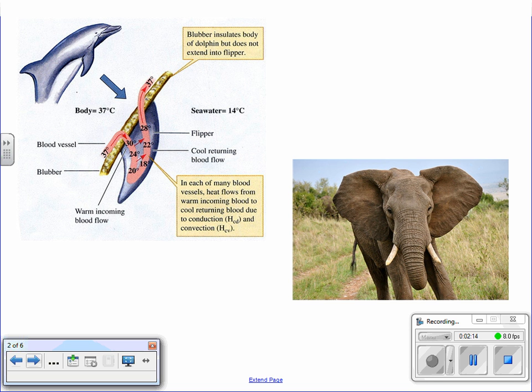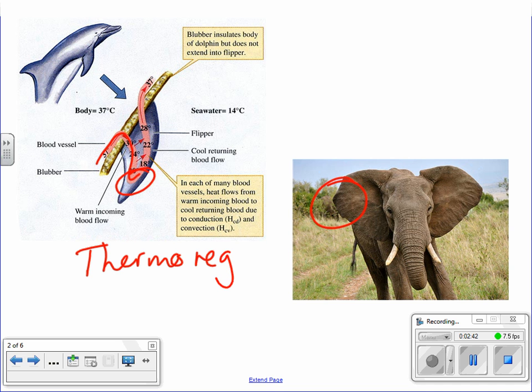And what that does is literally the blood moves from inside the body to points on the edge, like in this flipper or in this ear of the elephant, where it's going to cool down due to the fact that this tissue is so thin there. The heat coming off the surface of the animal can actually escape, cooling down the blood, cooling down the animal. So in doing this, you actually thermoregulate through having thinner pieces of tissue in different parts of the body.